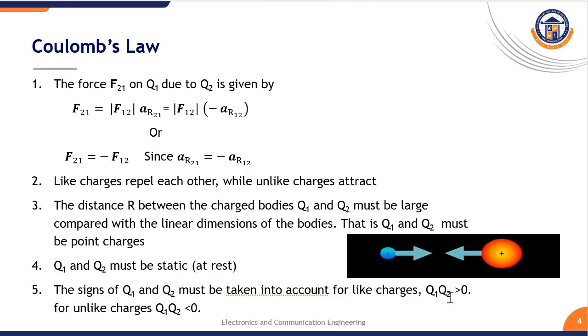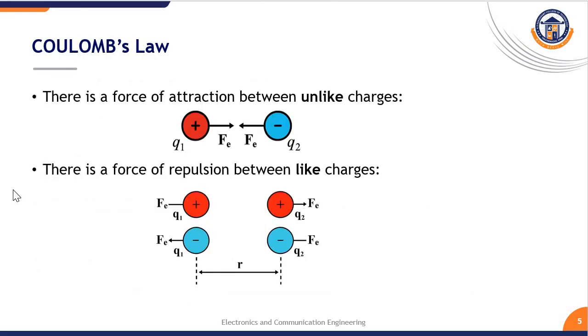For like charges Q1 Q2 is greater than 0, for unlike charges Q1 Q2 is less than 0. So this is the force between like and unlike charges: for unlike charges it will attract, and for like charges it will be a repulsion.